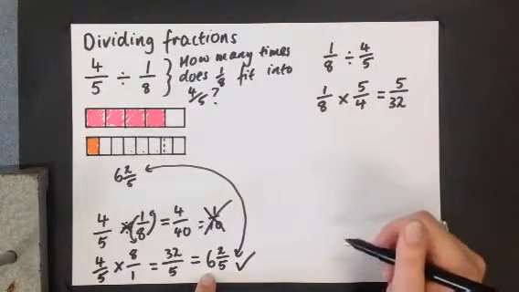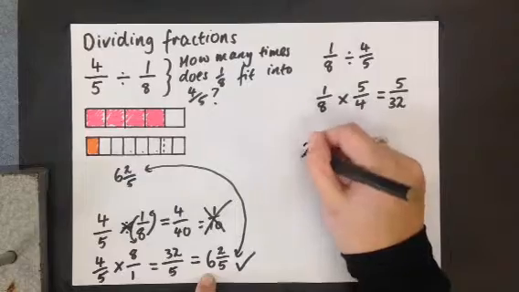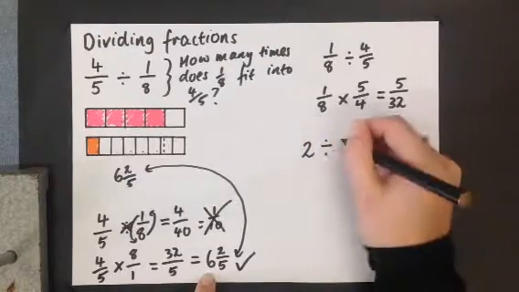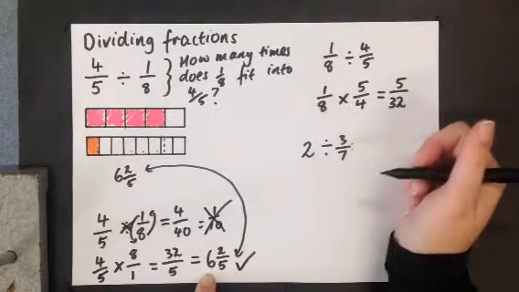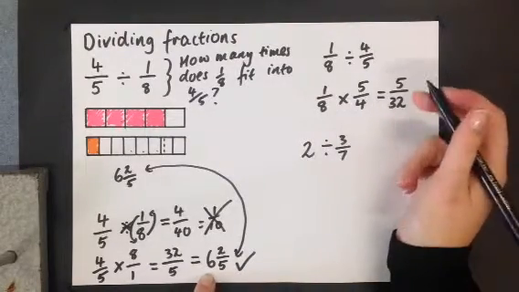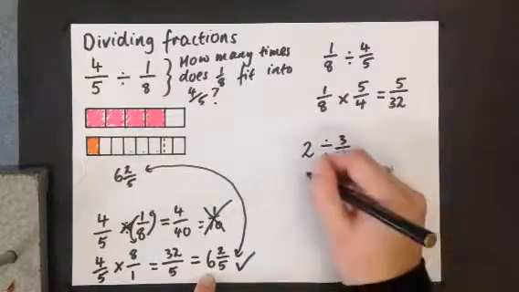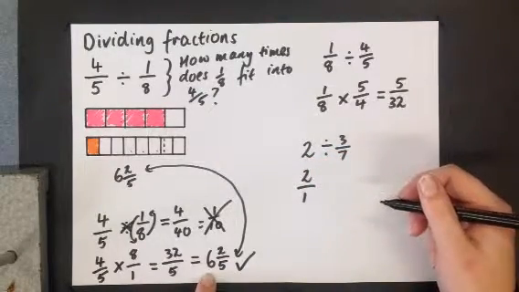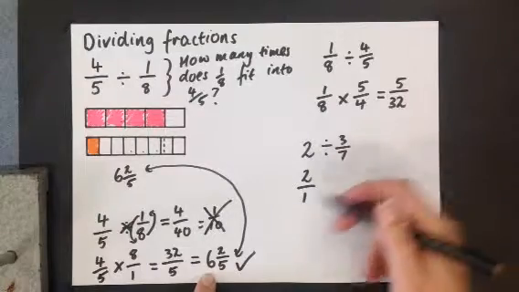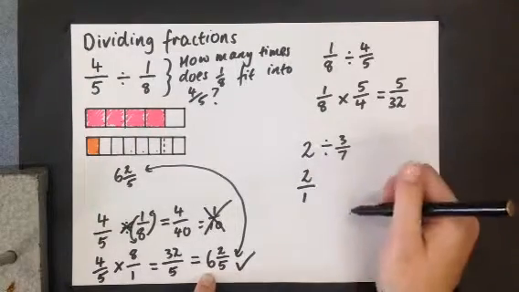How this works with whole numbers. If I want to know 2 divided by 3/7, I have to convert my whole number into a fraction. The way we do this is we can put it over 1. Any whole number over 1 is the same as the whole number as a fraction.